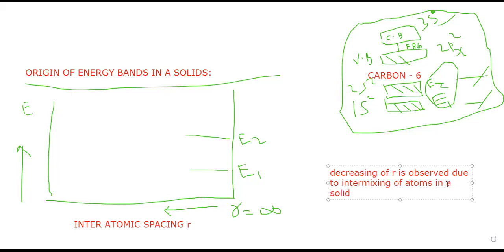This is the main reason for the formation of energy bands. Due to that, the interatomic spacing R decreases. At a certain interatomic spacing, these energy levels come very close to each other and form a band.